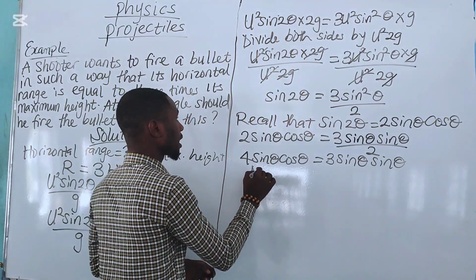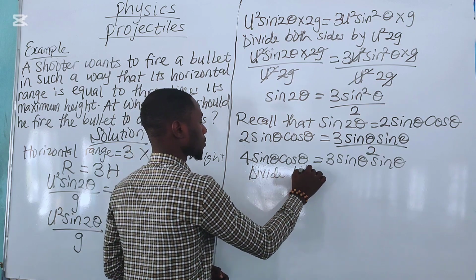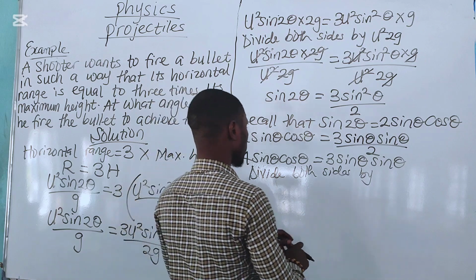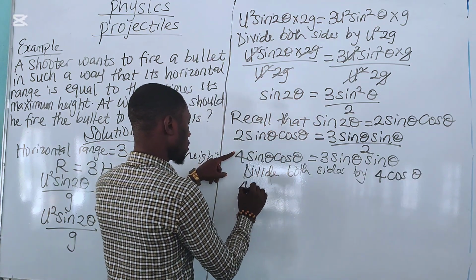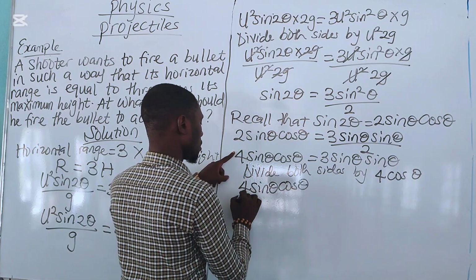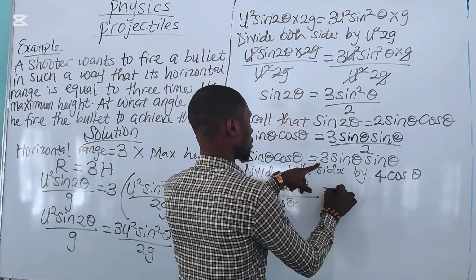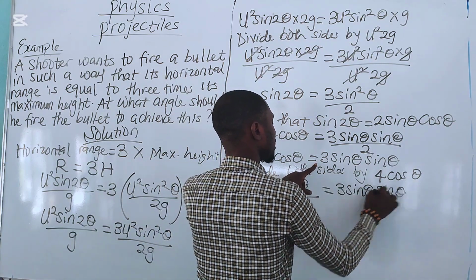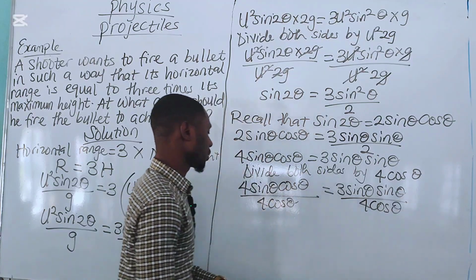Dividing both sides by 4 cos theta, we have 4 sine theta cos theta over 4 cos theta equals 3 sine theta sine theta over 4 cos theta.